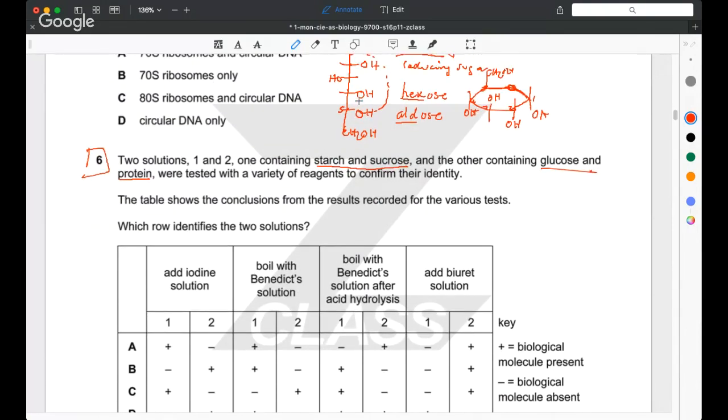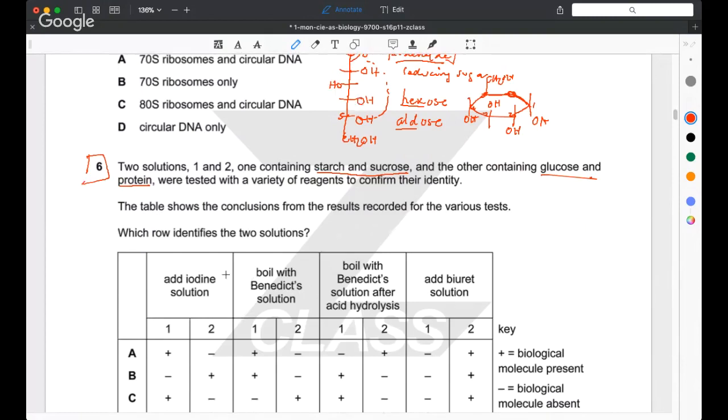Now, so that's this point about the use of Benedict solution to determine the presence of a reducing sugar. But here there's another step where you test with Benedict solution for your reducing sugar after acid hydrolysis. And that is a clue for looking at this molecule here, sucrose.